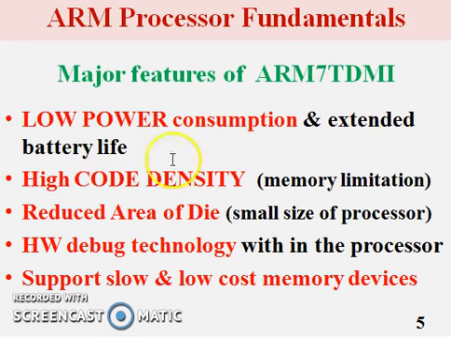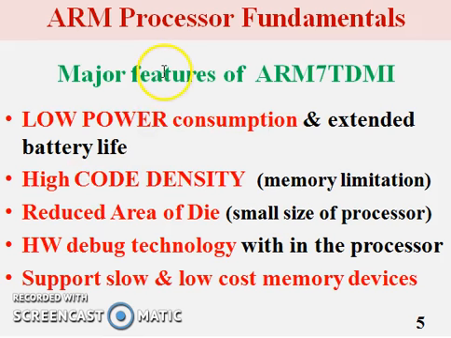Low power consumption and extended battery life is one of the important features of this processor. As you know, ARM processor is used in embedded systems, and embedded systems work on battery. So if the processor power consumption is less, we can extend the battery life, and this is one of the important features of the ARM processor, that it requires low power consumption.